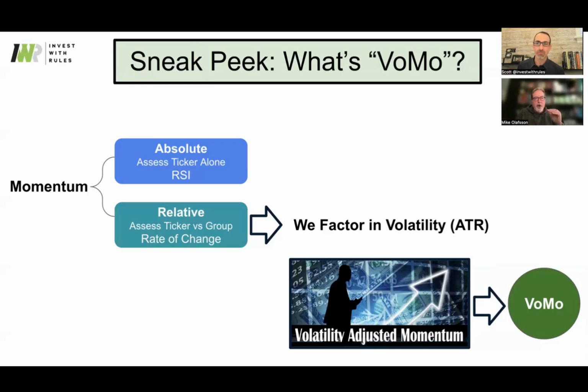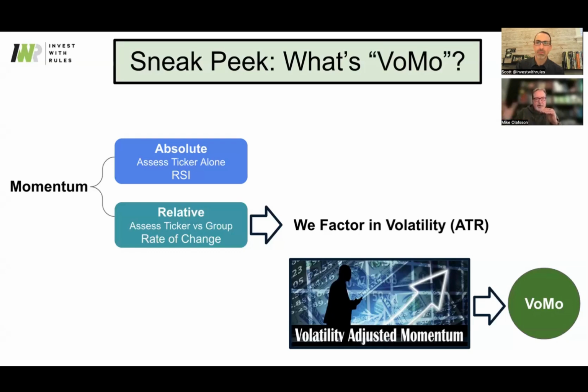They both have a home in our process. RSI is kind of a mainstay in our foundation, but the relative momentum is where we're going to differentiate the billion-dollar fund manager stocks. And when you take the rate of change and then you factor in the volatility, that's what gets us to VOMO. Quite simply, without getting too into the weeds here, we take momentum and we smooth it out with volatility, ATR, average true range.